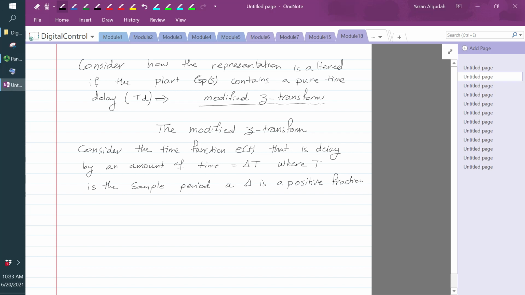And this fraction is greater than 0 and less than or equal to 1.